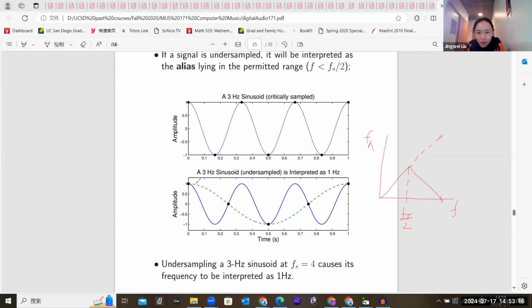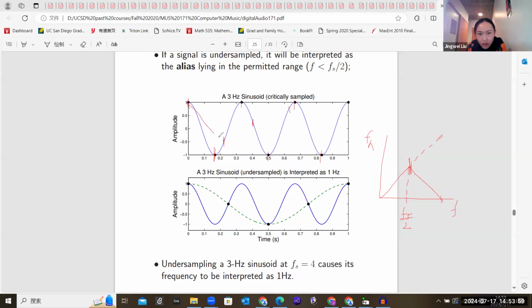This graph gives you an illustration of what happens at this point. At this half point, because this frequency is half of the sampling rate, once your frequency passes the half sampling rate, your point will go here, and then your next point will go somewhere further, over here.